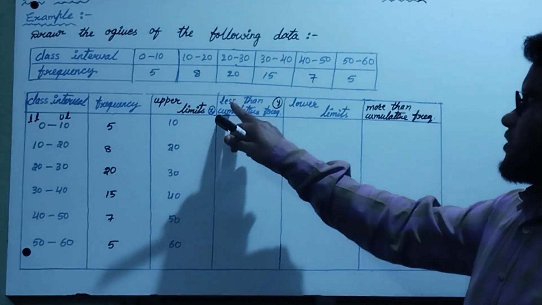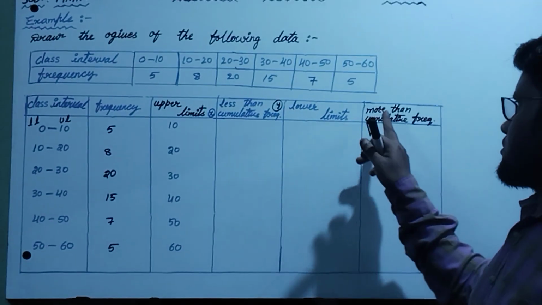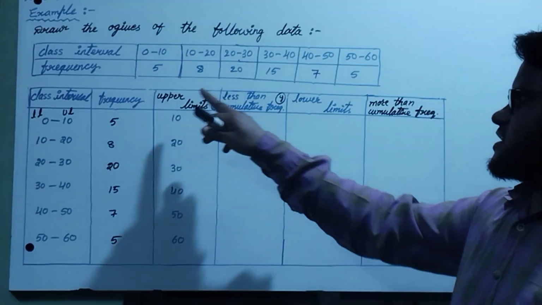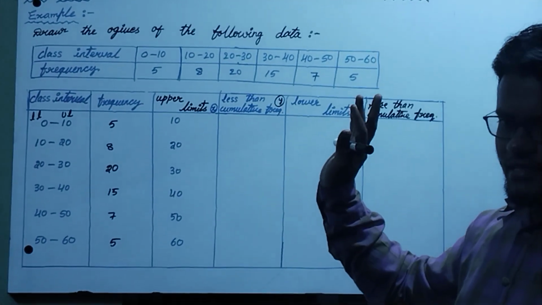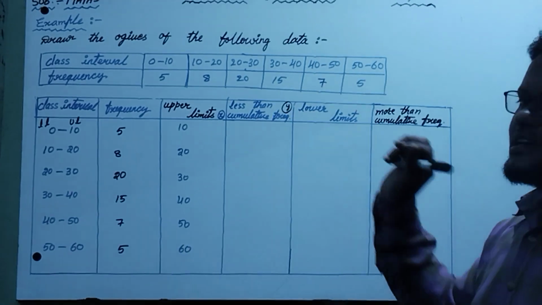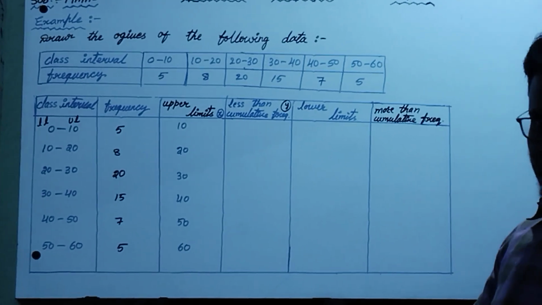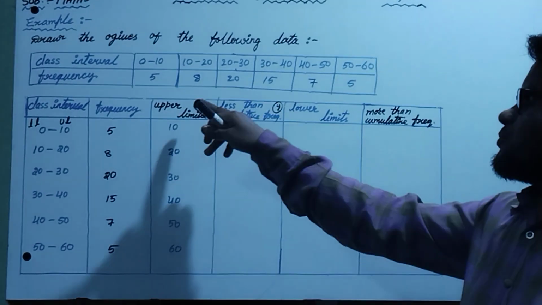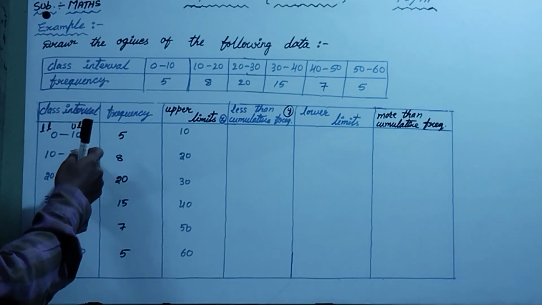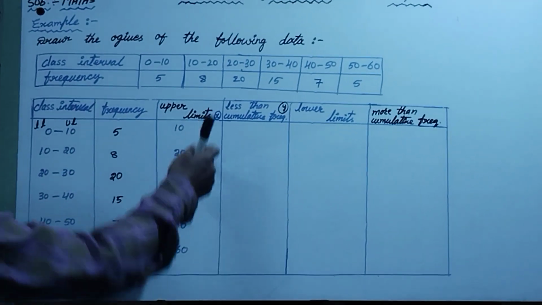Remember: for less than upper, for more than lower. The x and y points are coordinate points. The upper limits are 10, 20, 30, 40, 50, 60.